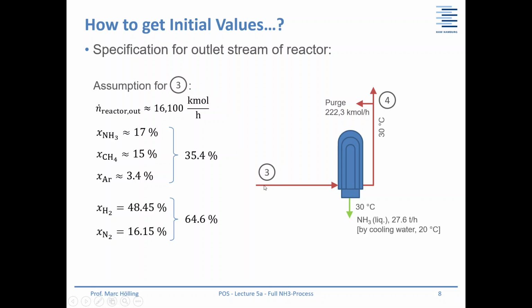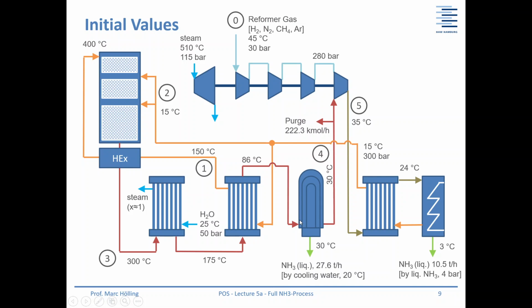So now we got reasonable values for our mole flow 3, and this we can implement. Where do we implement? This is the outflow of the reactor, and we do it after the steam generation. So we cut our process here.